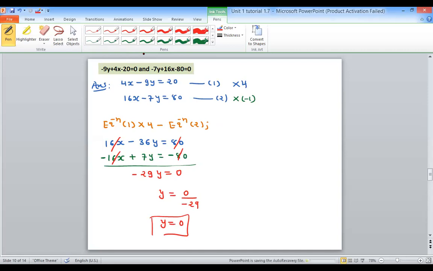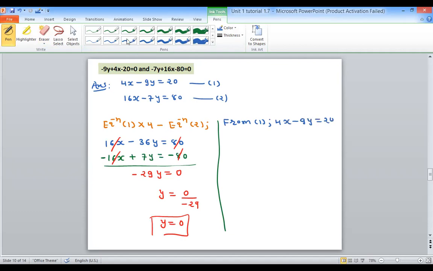So put the value of y in any equation. I am putting the value y is equal to 0 in equation number 1. From 1, 4x minus 9y is equal to 20.